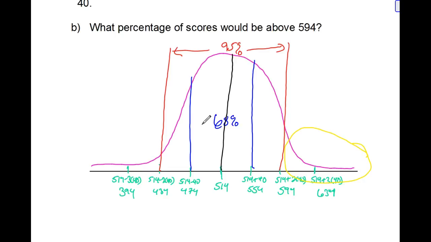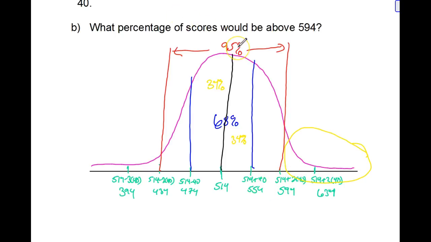So if I look at 68% and divide that by 2, that's telling me that 34% is between 474 and 514, whereas 34% is between 514 and 554.